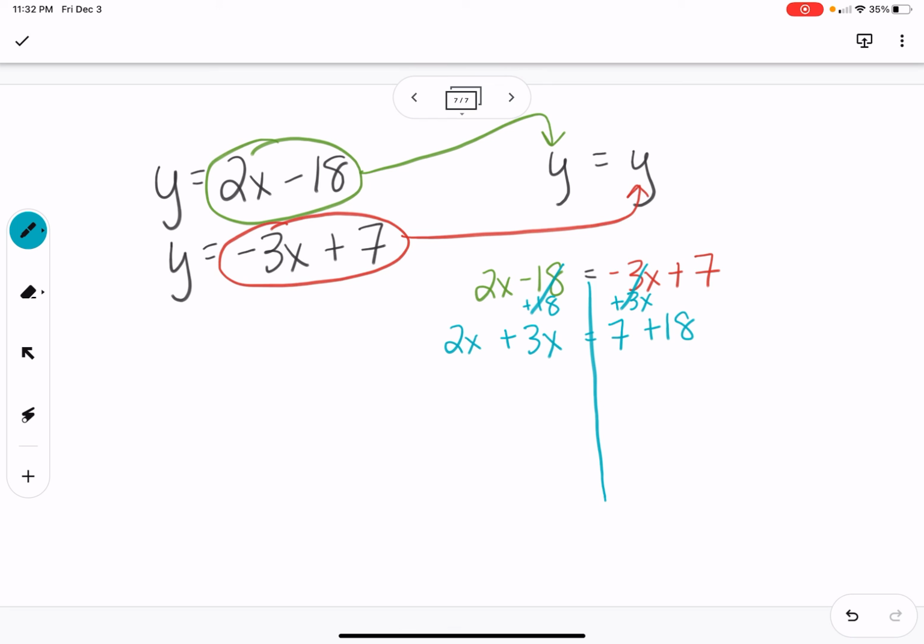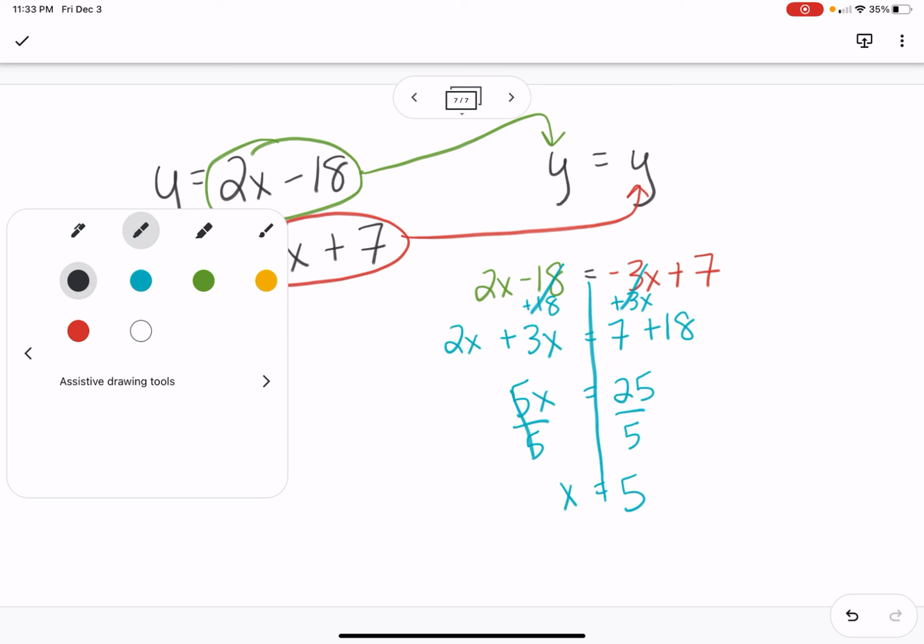Okay. All my like terms are together. 2x plus 3x is 5x. 7 plus 18 is 25. 5 is being multiplied by x, so we divide by 5 on both sides, my bad. And 25 divided by 5 is 5.